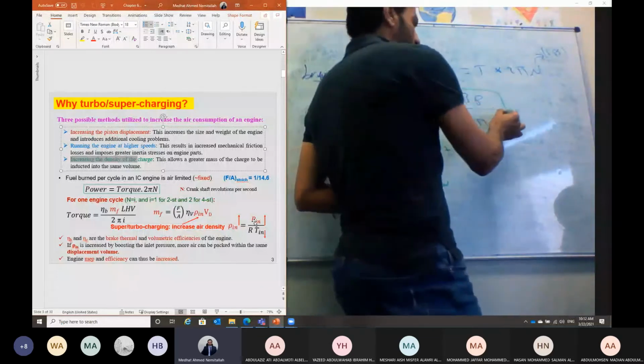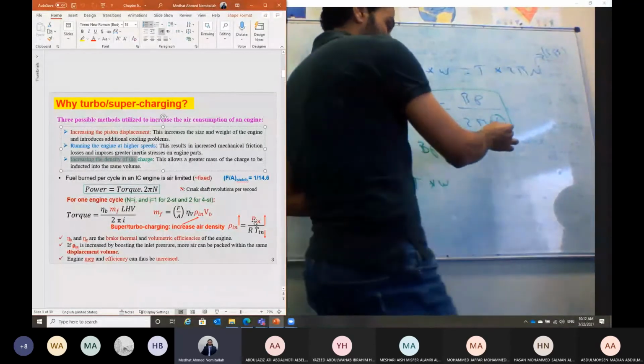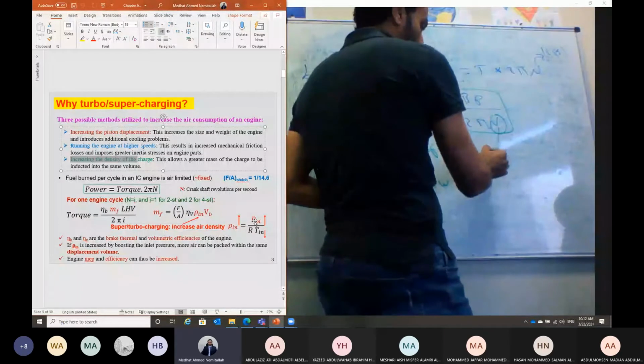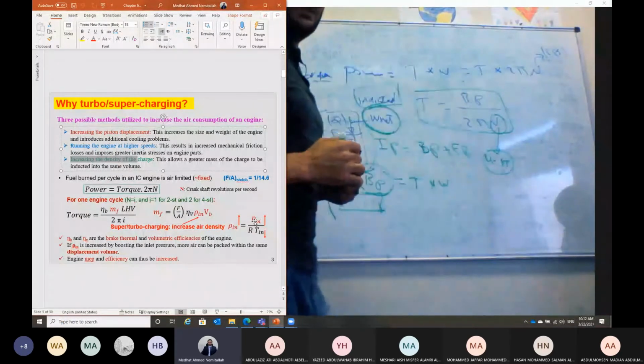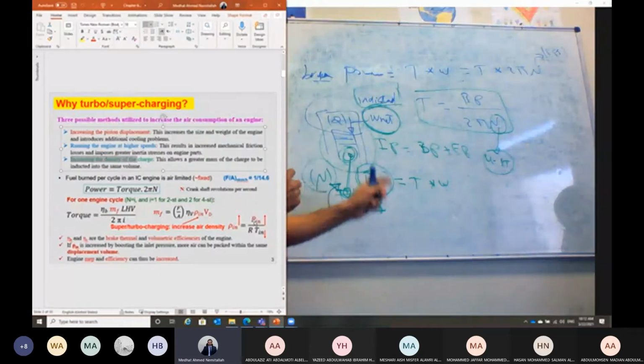If we have one cycle of a 4-stroke engine, that means the crankshaft will be running 2 revolutions in order to have a complete cycle.